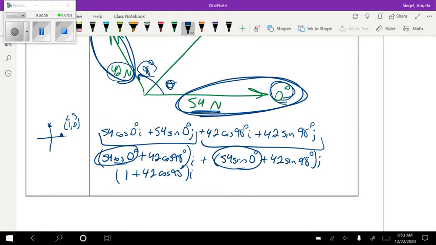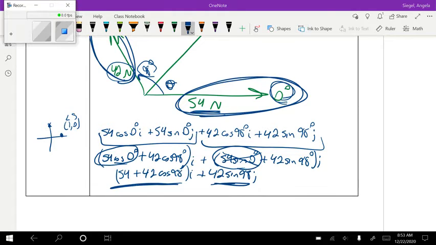And this is going to be 0. So this just cancels out, and I have 42 sine of 98j. So what I'm going to do is get this value and this value. Sorry, I forgot to multiply this times the 54. So this is 54 instead of 1.